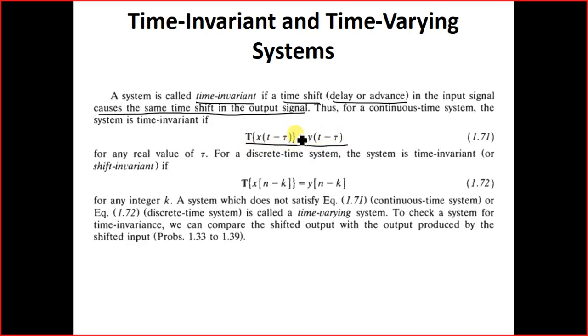That means if you advance or delay an input by a particular time delay tau, the output will also be delayed by the same time amount. This is also the case in discrete time systems.